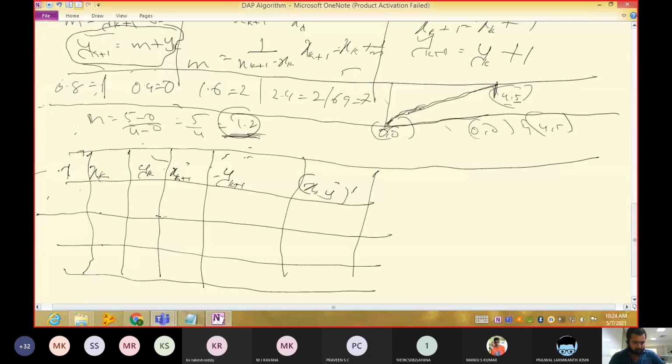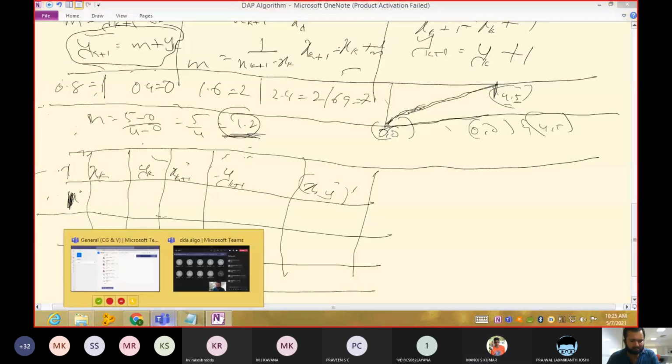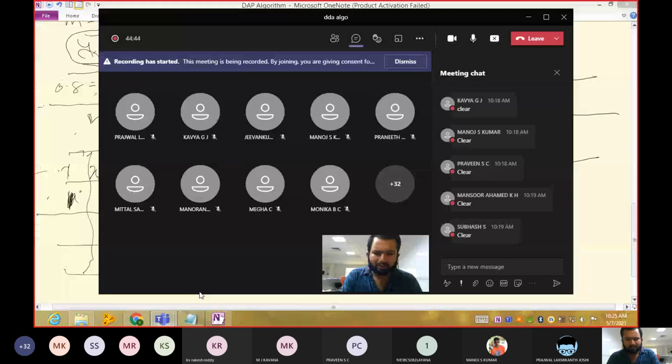Hey, first of all look, this is step 1 for you. What is xk and yk? What is initially xk and yk? 0. Others? 0, sir. What pixel values were initially given to you?